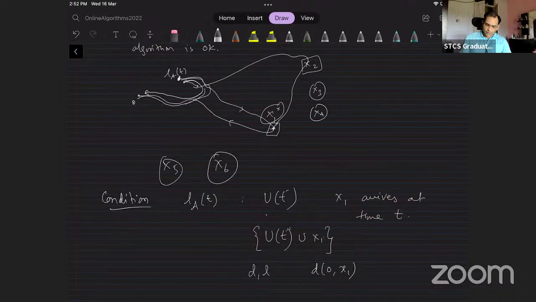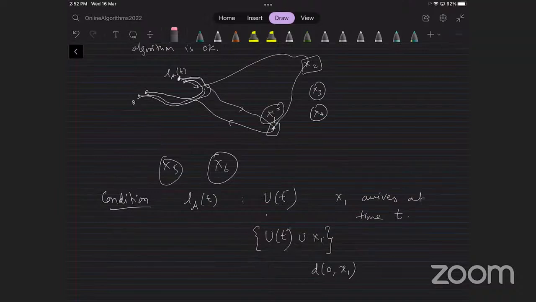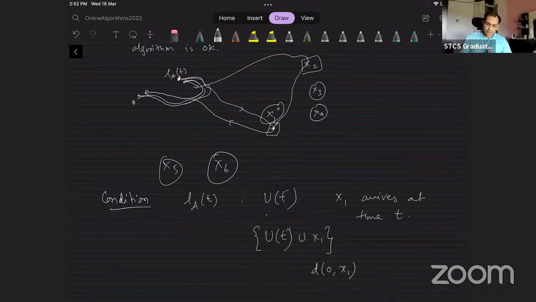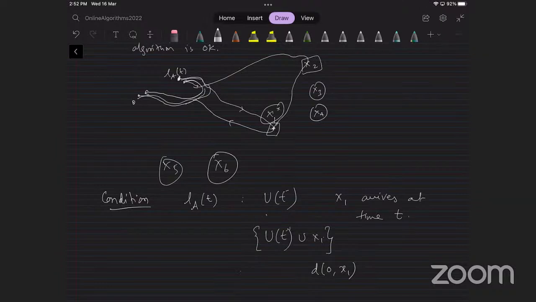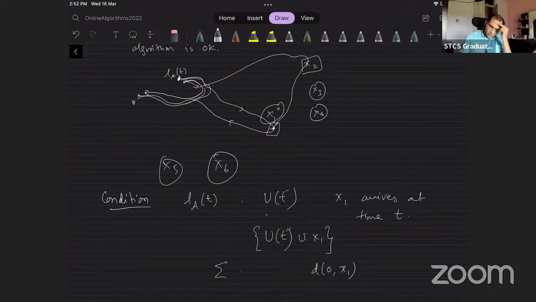So for example, d of u of t is not well defined. u of t is a set of points, and I can define distance between two fixed points.